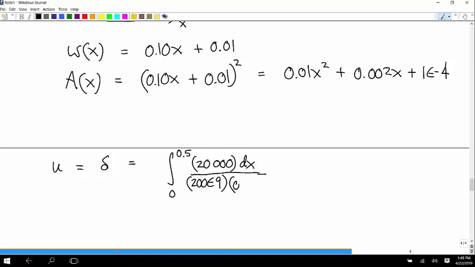I guess I'll put this back in the form 0.10x plus 0.01 quantity squared.